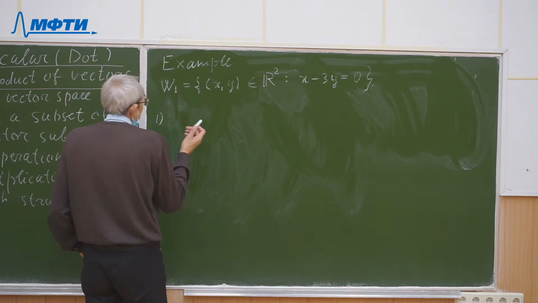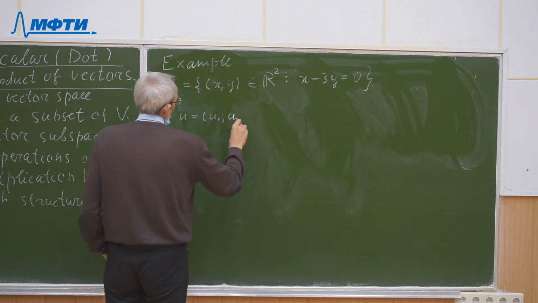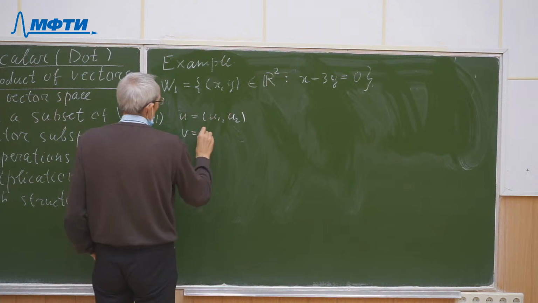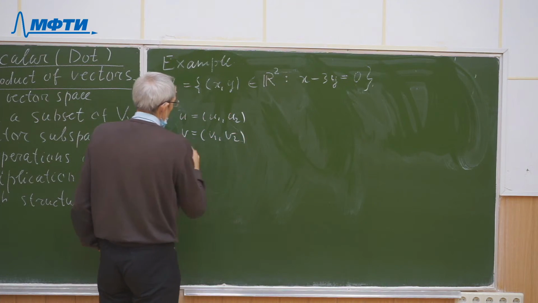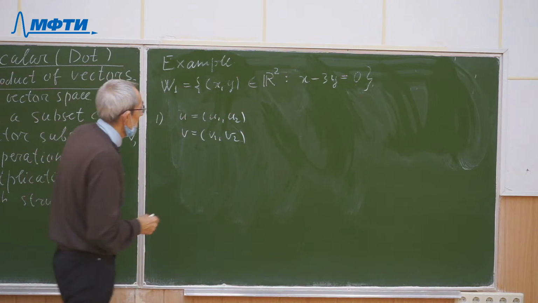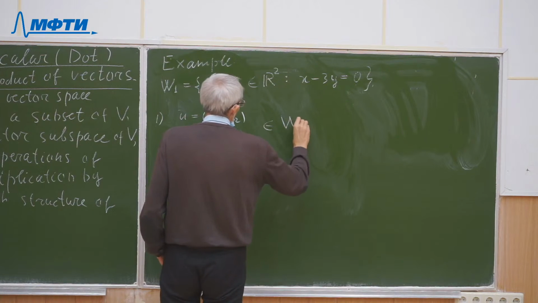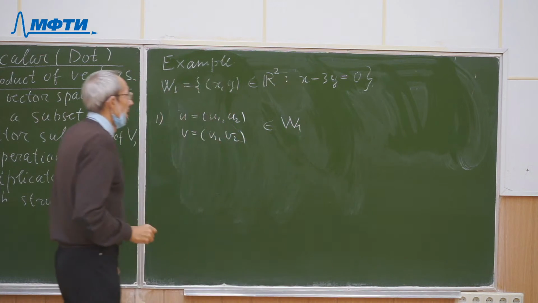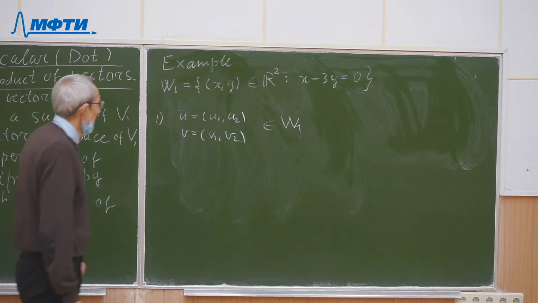First, let u = (u1, u2) and v = (v1, v2) be vectors from W1.